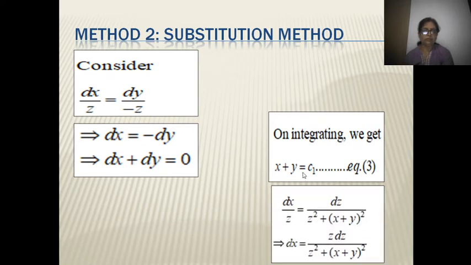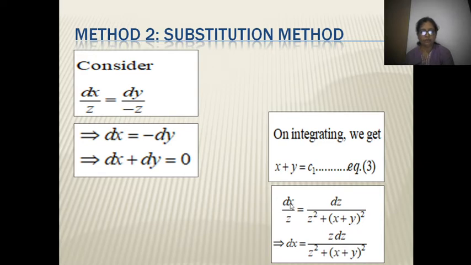Now for second solution we consider first and last ratio. We can consider second and third ratio also, but here we are considering the first and last term. Therefore here in dx, this z is shifted to the right hand side. Here x and y terms are there.